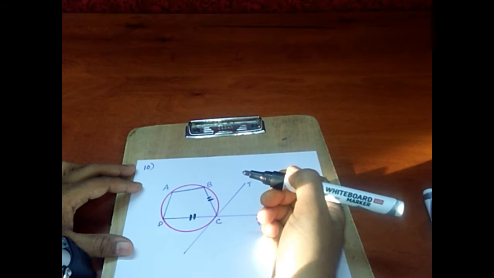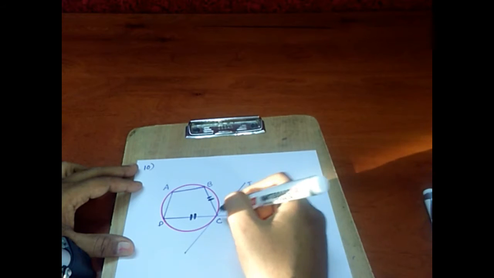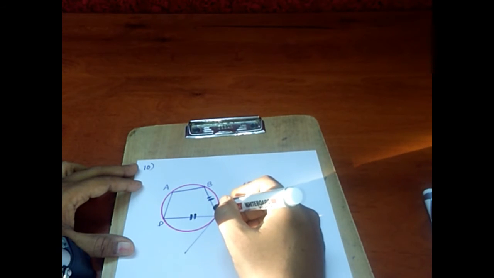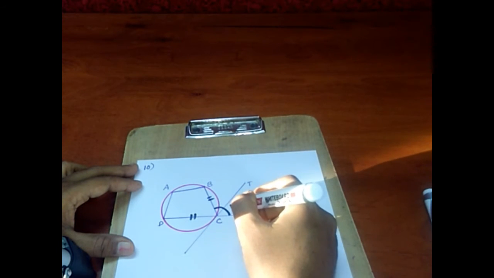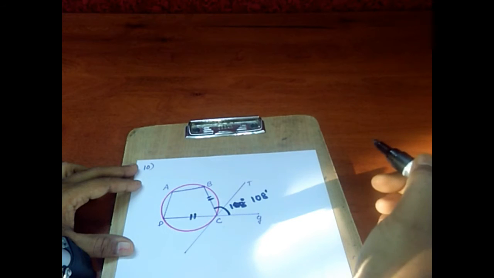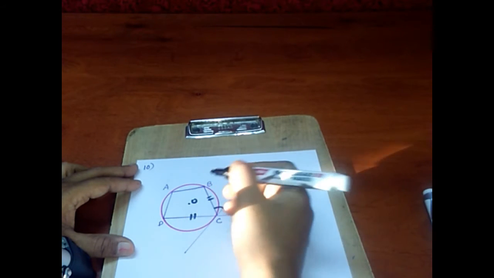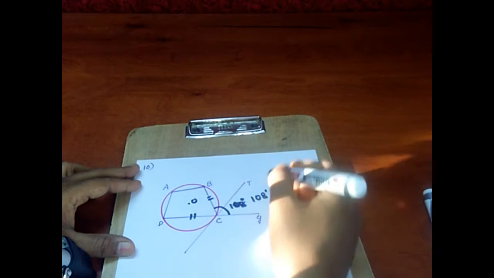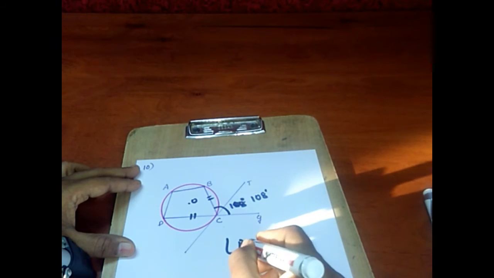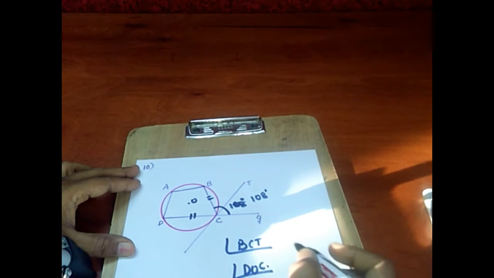TC is a tangent to a circle at C and DC is produced to point G. If angle BCG is equal to 108 degrees, the measure of this angle is 108 degrees, and O is the center of the circle. Find first angle BCT and the other angle DOC.